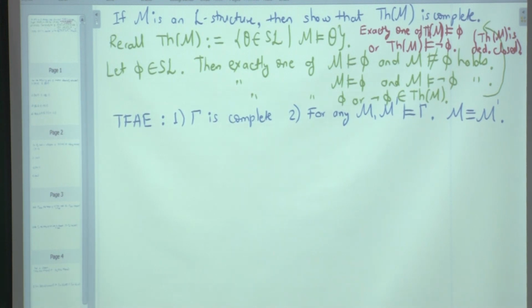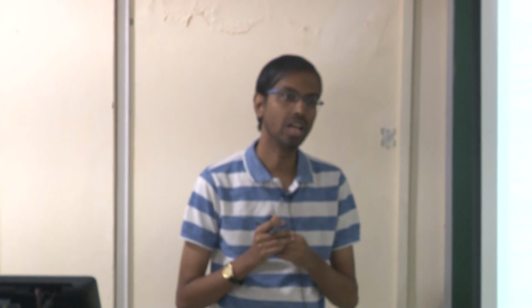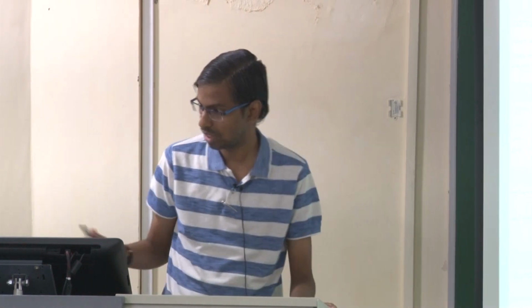Okay, let's proceed. Show that the following are equivalent: gamma is a complete theory, and any two models of gamma are elementarily equivalent. This is the symbol for elementary equivalence.